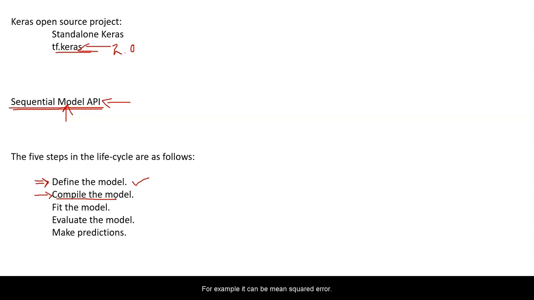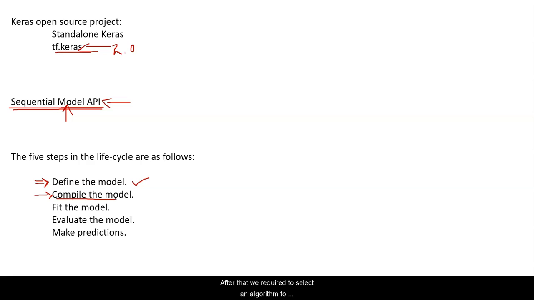For example, it can be mean squared error or cross entropy. If you are performing a regression task, it could be mean squared error, or if you are performing a binary classification task, it could be cross entropy. So the first step is to select this loss function.